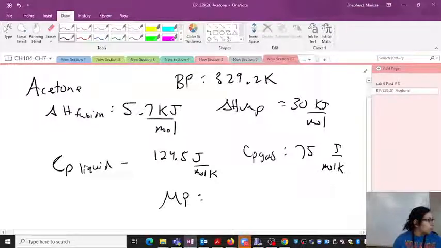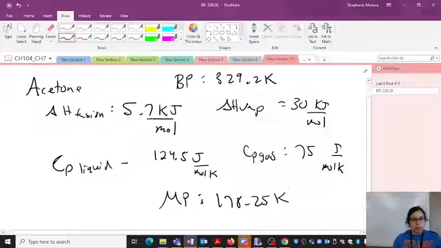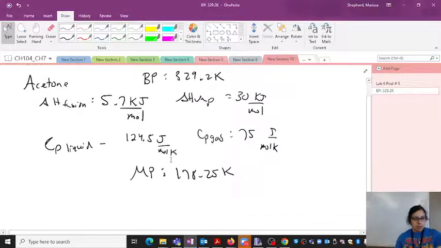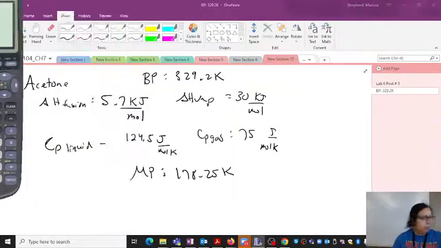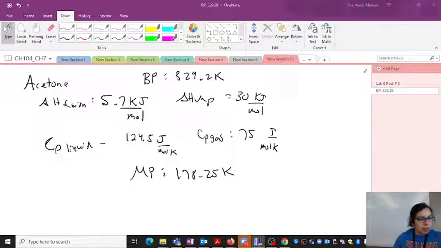So melting point, 178.25 Kelvin. So let's see, what's 178 Kelvin? That's pretty low. So we'll probably just look at liquid acetone.